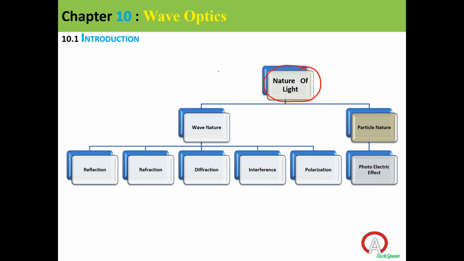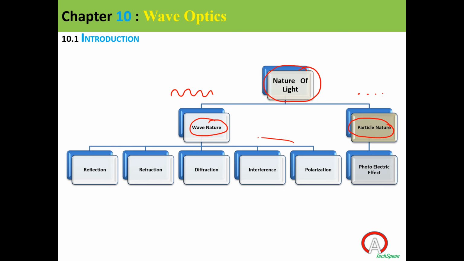Under the dual nature of matter and dual nature of radiation, we studied that light has a wave nature and also a particle nature, right? Wave nature says it moves like a wave like this. Particle nature says that light is made up of particles called photons, right? So two natures of light: one is wave nature and one is particle nature.